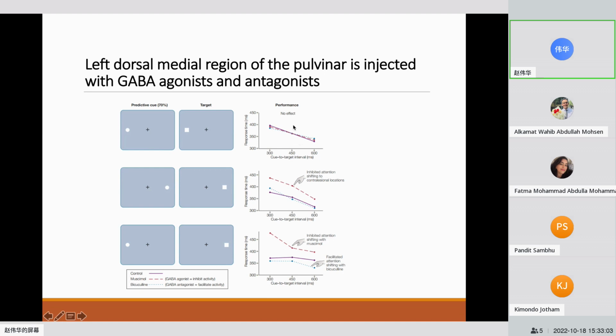It showed there is no difference or no change. But when directing attention contralaterally, the opposite, the deactivation of the pulvinar with the GABA agonist resulted in slower behavioral responses. So that is the key point here.